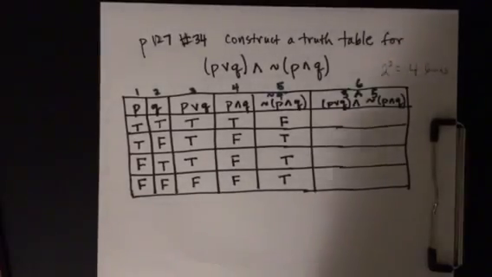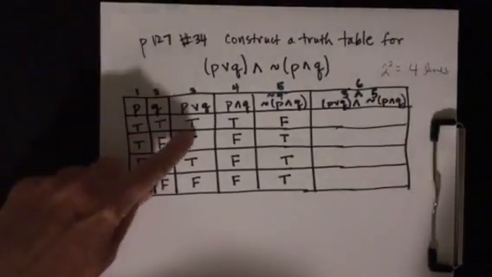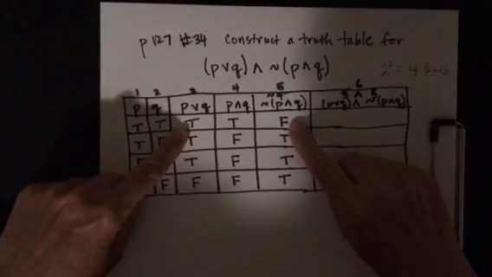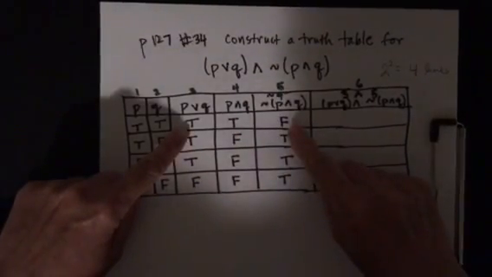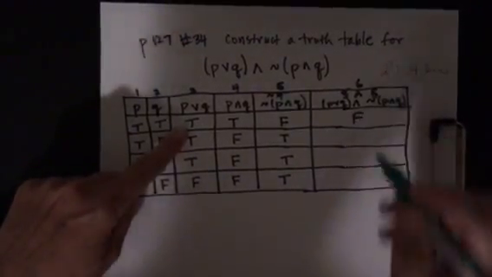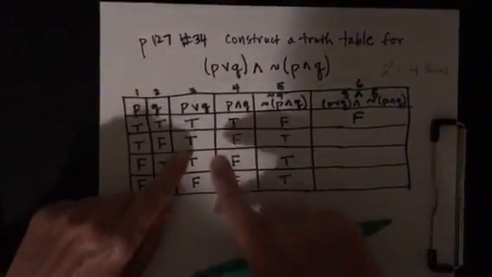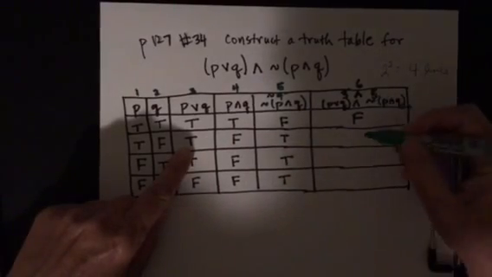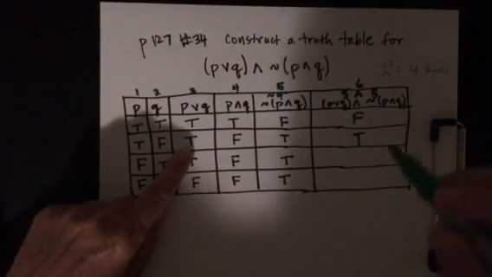3 and 5. So I'm looking at column 3. I have a true. And on column 5, I have F. True and false. That is false. On the second line, true and true. That's true.